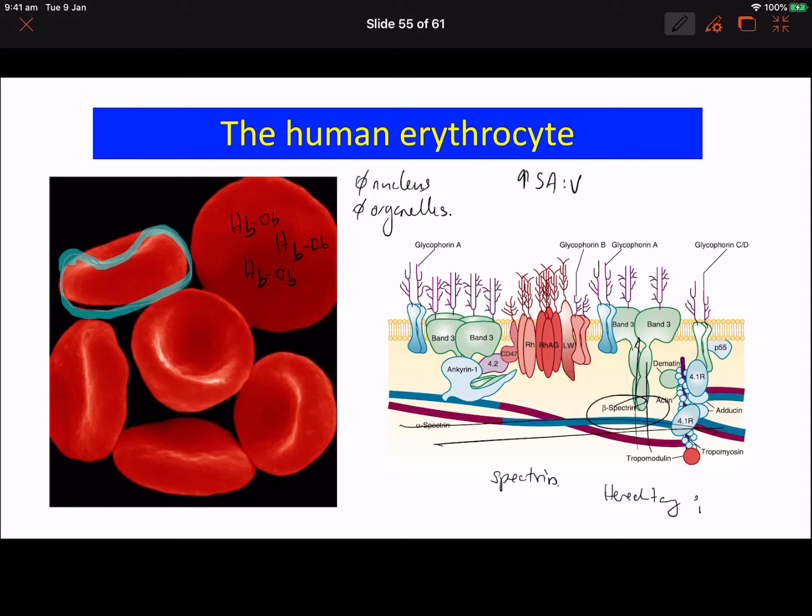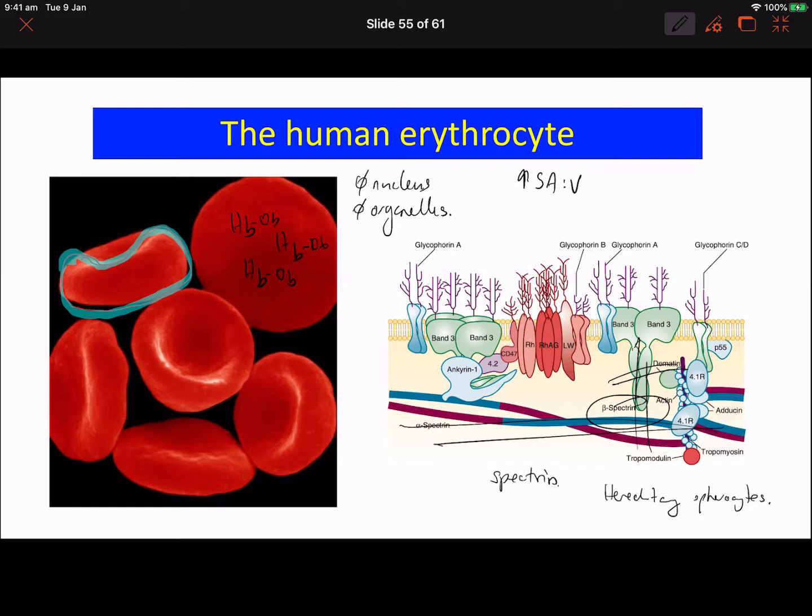Now, you don't need to know really anything in depth about this. I'm sure that we will cover it in our hematology block. But essentially, to illustrate the point, one of the defects, there are many, but one of the defects in hereditary spherocytosis is that it lacks some of the vertical cytoskeleton spectrin elements.